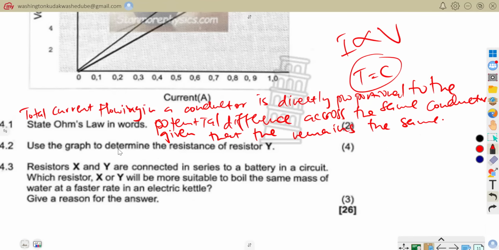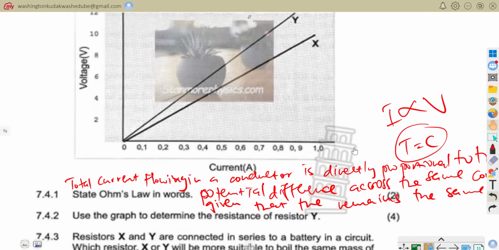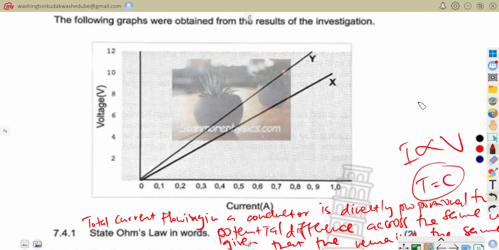Now they're saying use the graph to determine the resistance of Y. How do we calculate the resistance? We want the resistance of Y. Resistance can be given by R equals V over I, so it becomes the gradient. I'll take this point there and calculate my gradient. I'm having 0.9 there and 12.